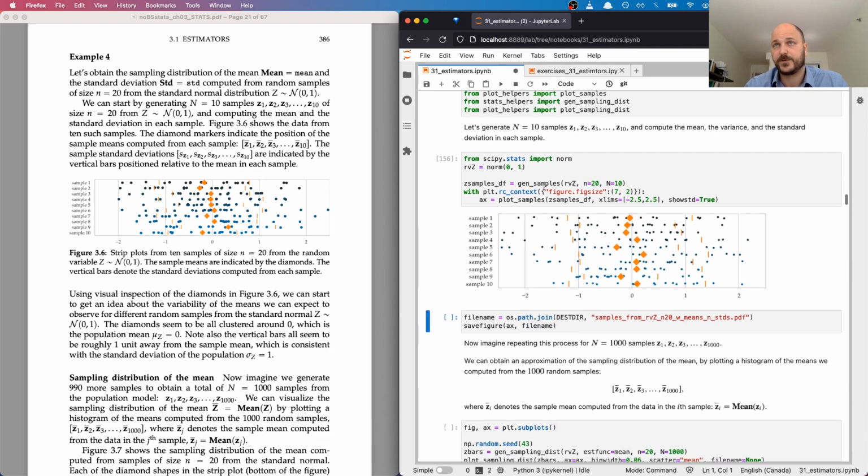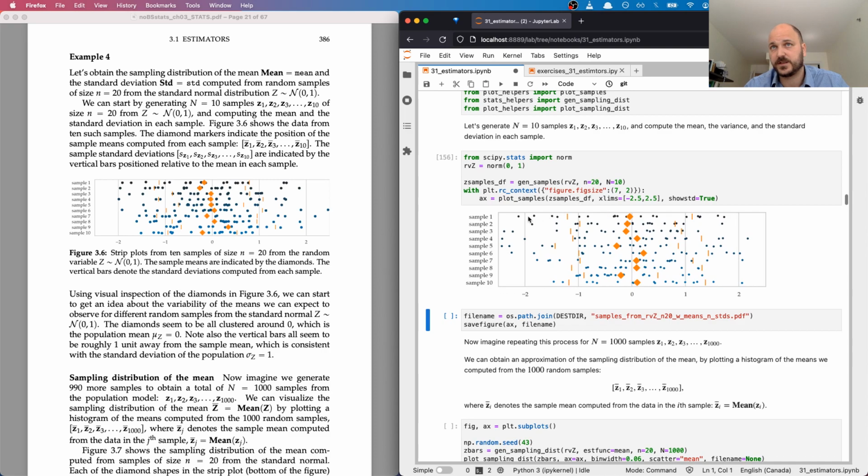Okay, so this graph contains the points. These are the values from the first sample. The blue dots are the actual observations. And we've annotated with the diamond shape the mean we computed from this sample. Okay, and as you can see, each sample has a different mean.